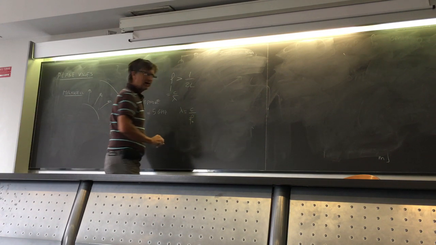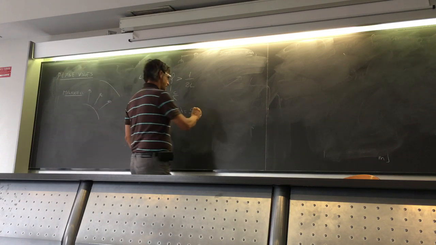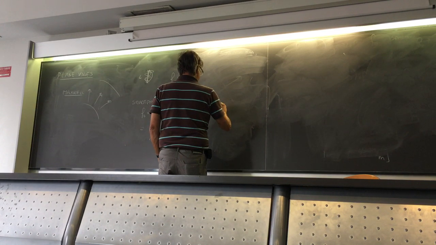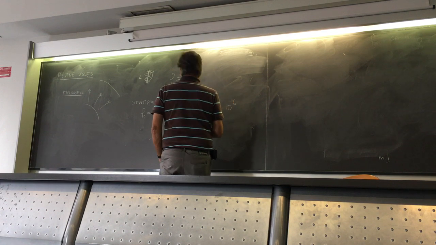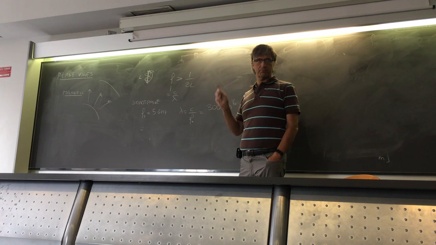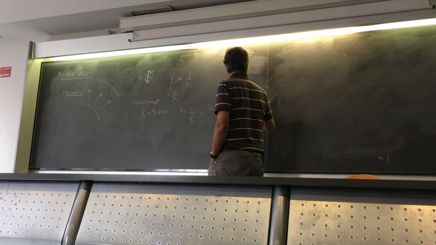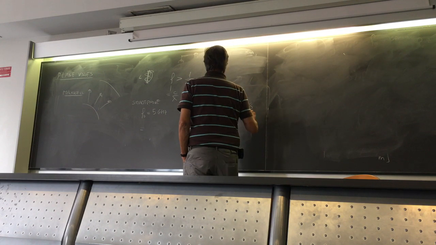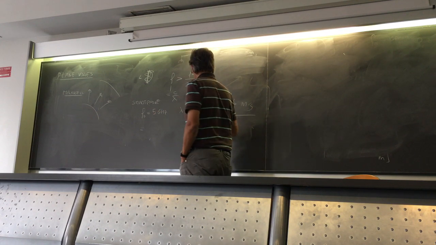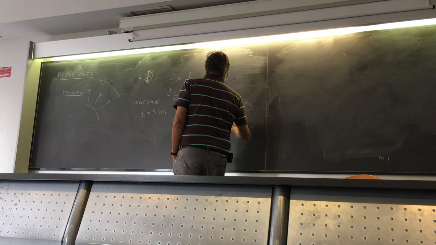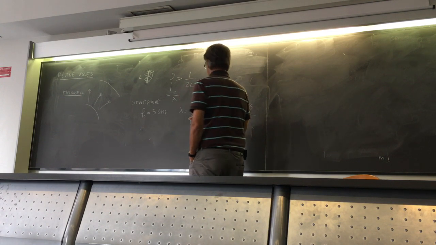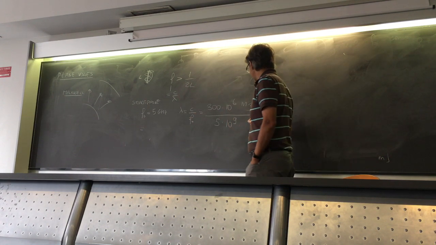Lambda is c divided by f0, so it is 3 times 10 to the 8 meters per second divided by 5 gigahertz. 5 gigahertz means 5 times 10 to the 9 hertz, cycles per second.